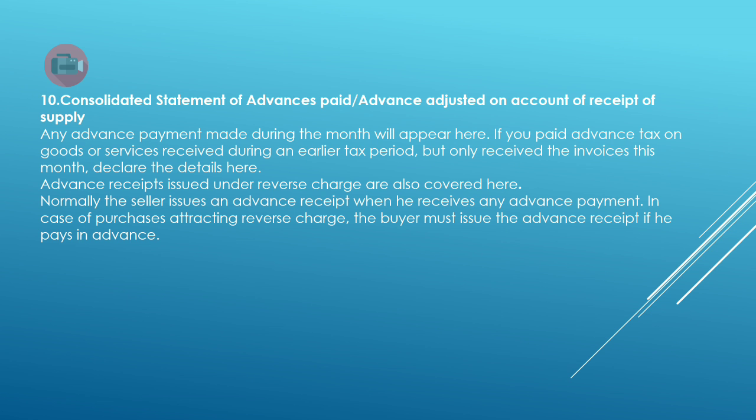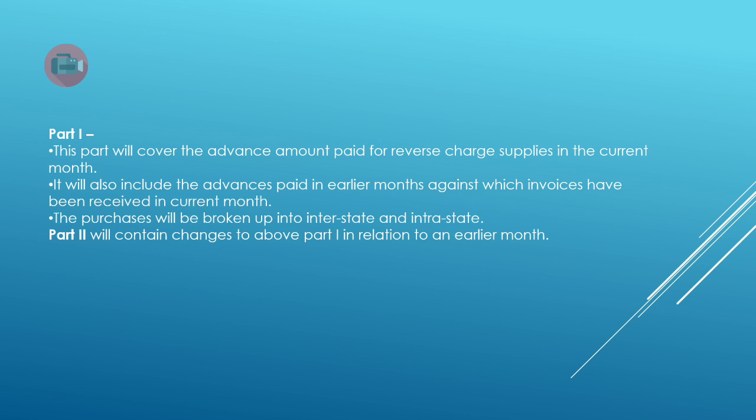Normally the seller issues an advance receipt when he receives an advance payment. In case of purchases attracting reverse charge, the buyer must issue the advance receipt if he pays in advance. Part 1 will cover advance amounts paid for reverse charge applicable in the current month.